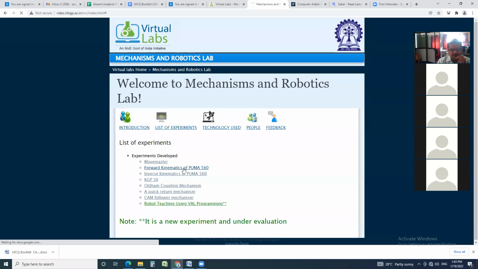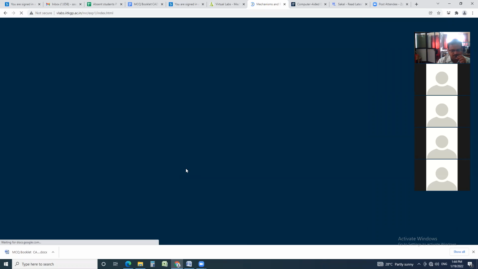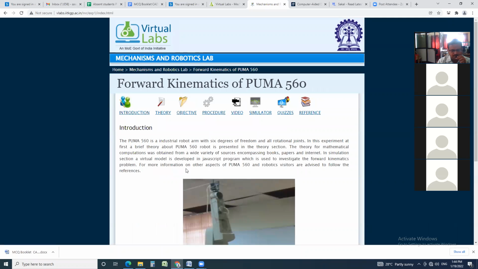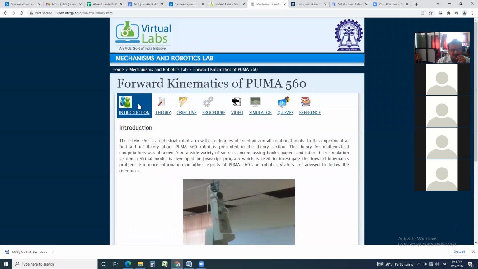Puma is the name of the company which manufactures the robot. Now see, I will read this introduction. Forward kinematics of Puma 560.